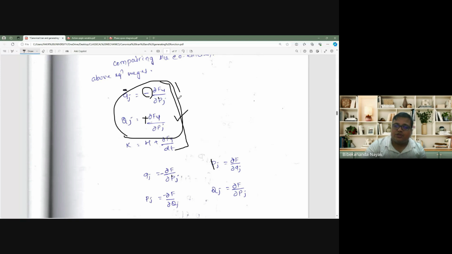And it is reversed for the pj case. If it is small pj, the sign is plus del f by del qj, whether it is case 1 or 2, the same formula. And if it is capital Pj, then it will be minus del f by del capital Qj.